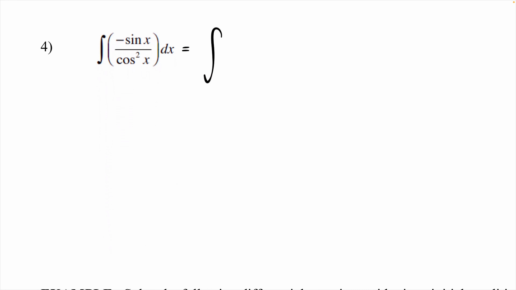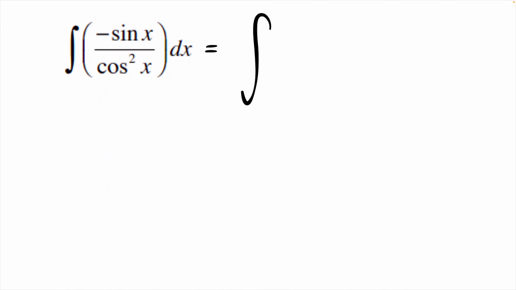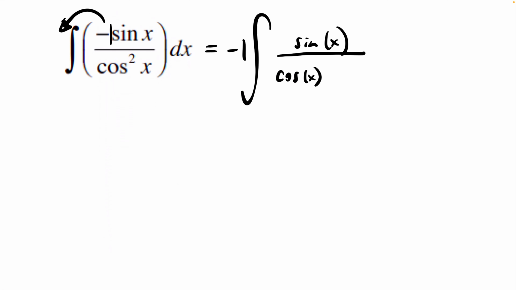So what I'm going to do is rewrite it. There's a negative 1, right? I'm going to put the negative 1 in the front. That's where that negative comes from. So that leaves sine of x over cosine squared, which means cosine of x times cosine of x.